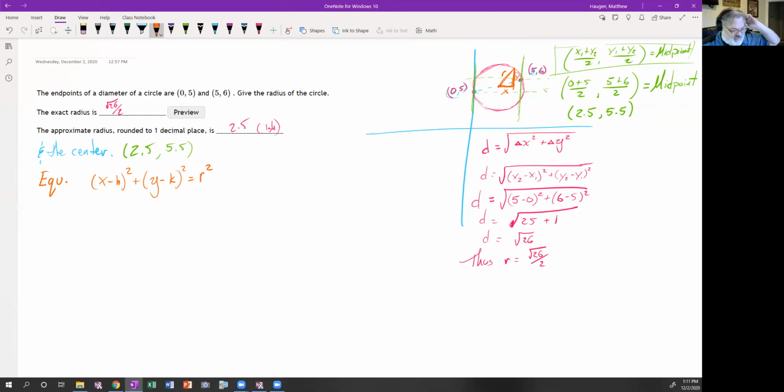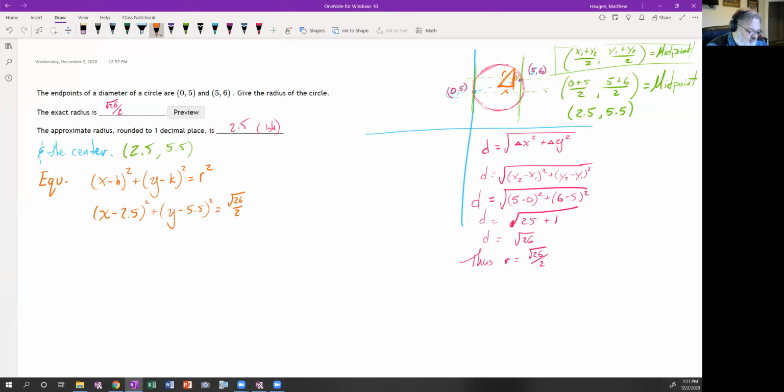Surprisingly, it is really the definition of measure in Euclidean space. So it comes up everywhere, and it helps us remember those formulas. Once we have that, that's our equation in standard form. So x minus our x position squared plus y minus our y position quantity squared is the square of that radius.